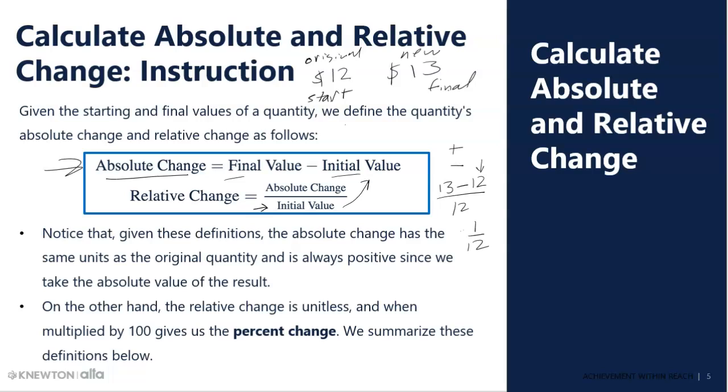If you did 1/12 in your calculator, that's just 1 divided by 12, that fraction bar, you get 0.0833, and that 3 goes on forever. So that's the relative change. But to get that as a percent, we multiply it times 100.